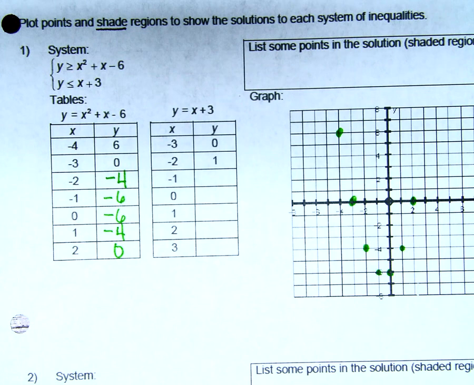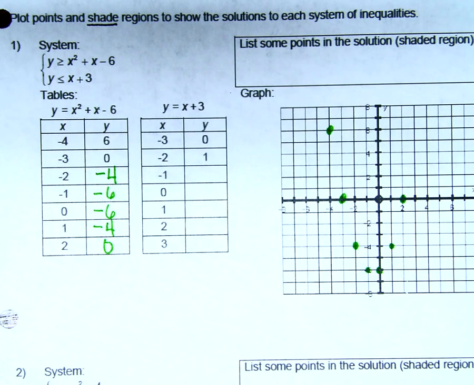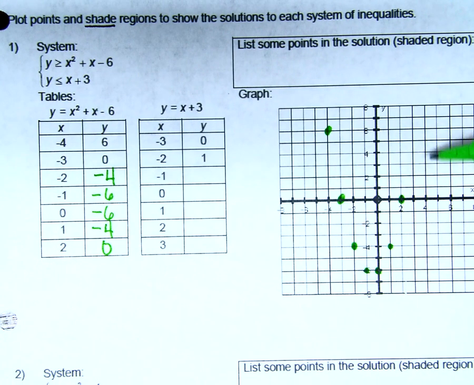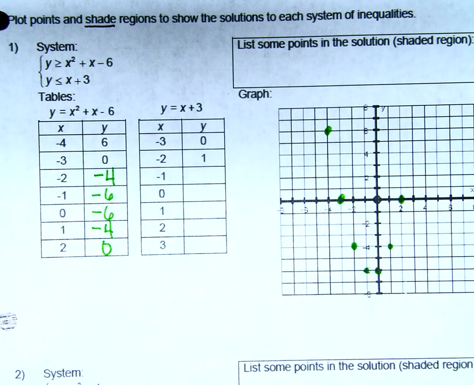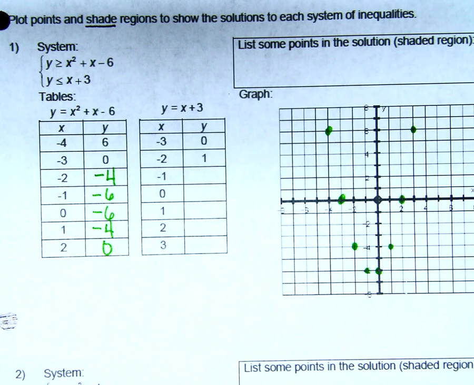Okay, so far? Is there another point over here that I know exists, but it's not on my table because my table didn't go that far? Where is it? 3, 6? How do you know that there's a point 3, 6? Oh yeah, it's symmetric, isn't it? So I know there's a point right there.